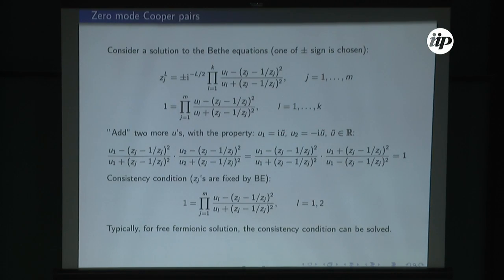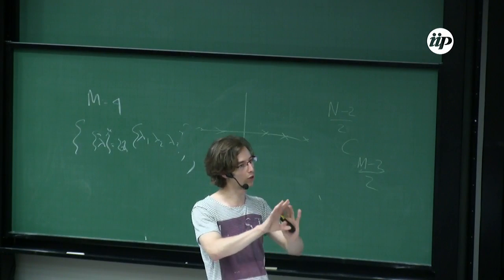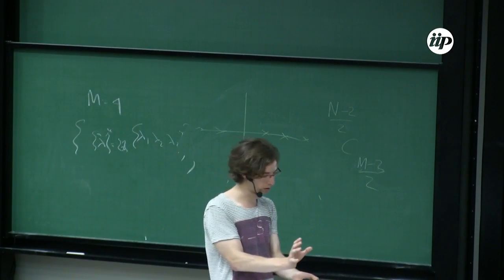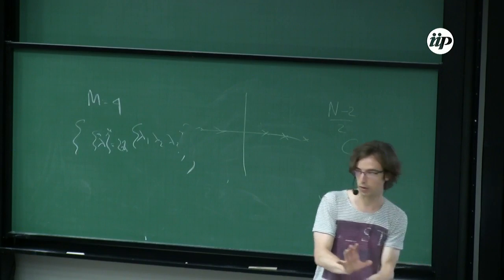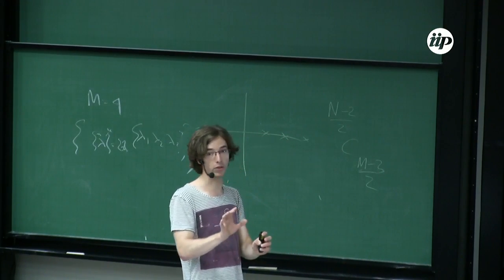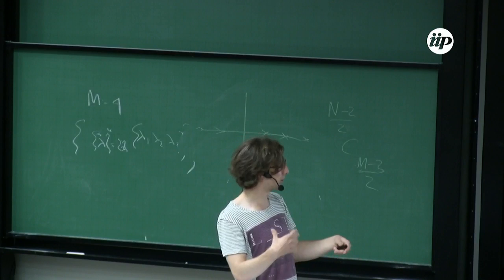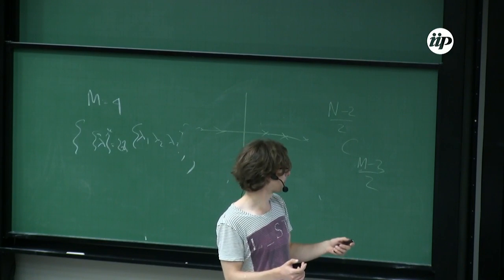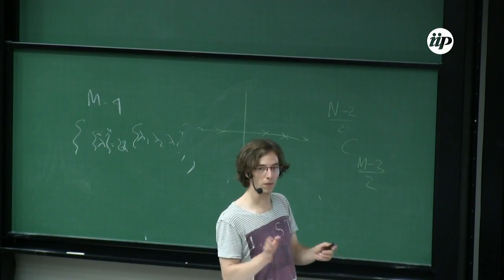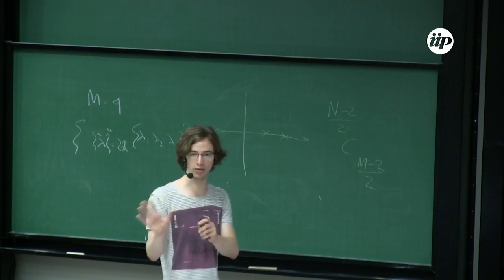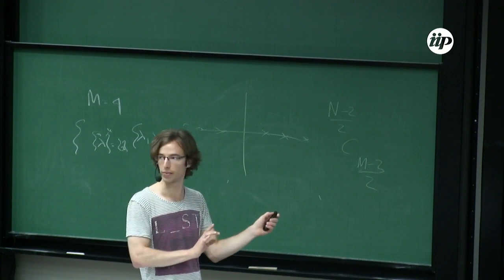So this is how, if you have one solution, by introducing two more, keeping the number of particles but increasing the number of odd domain walls, you can introduce new solutions. I hope this is understandable, but I can maybe explain a bit more.